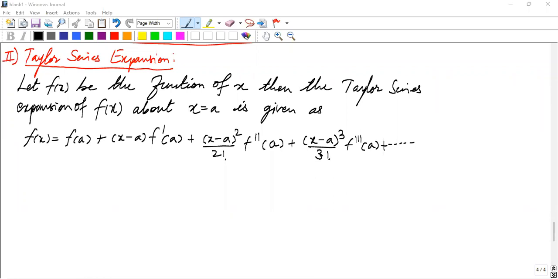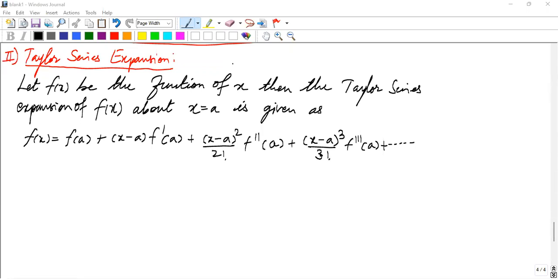One by one. If you raise your hand, then I can ask you to say. Okay. So, yes, Mansi. Sir, Taylor series is a general case and Maclaurin series is a special case. Okay. Dhruv Mandlik?